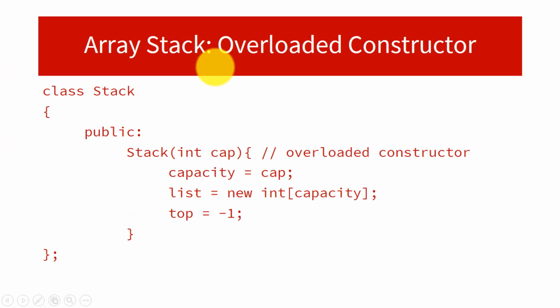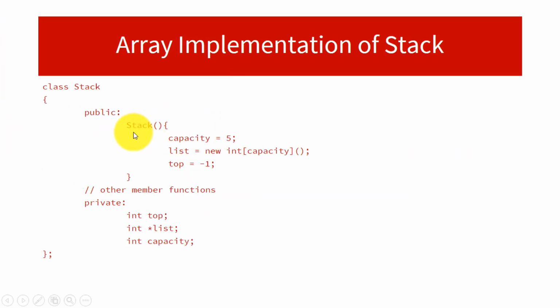So now let's talk about this default constructor. We'll give the stack class a default constructor which does initialization, and in particular it has to initialize the capacity to 5. You could initialize the capacity to some other integer value. I have done this for simplicity reasons.